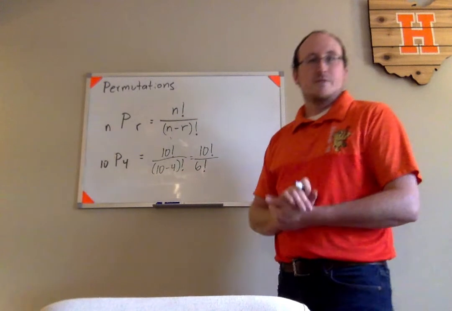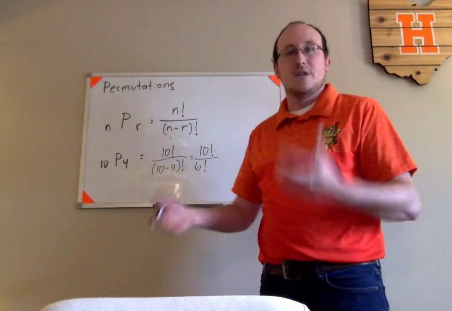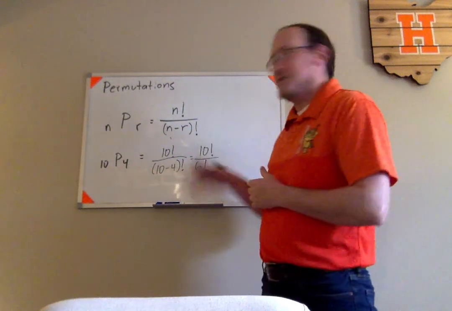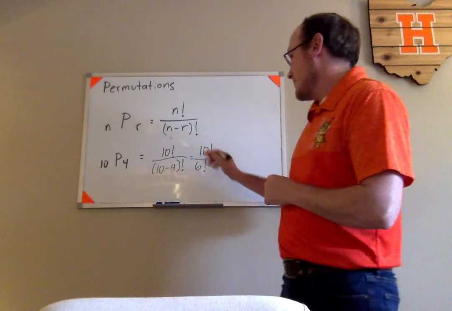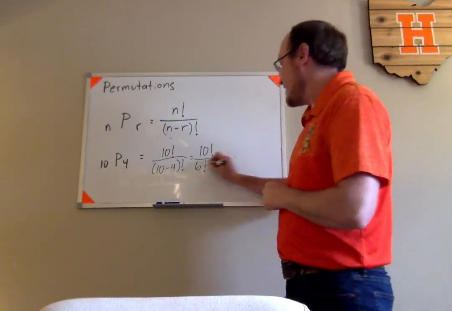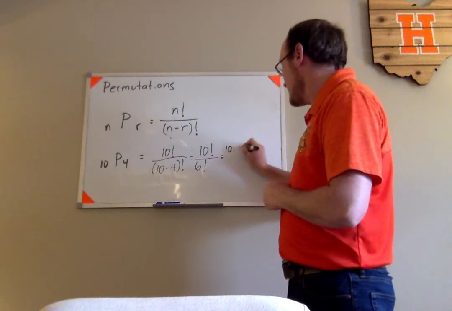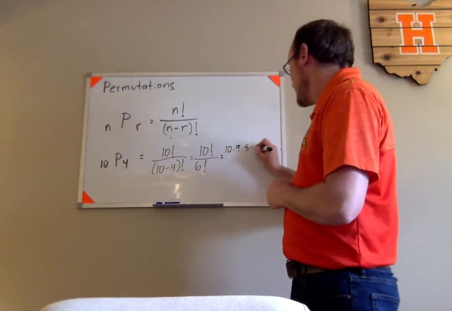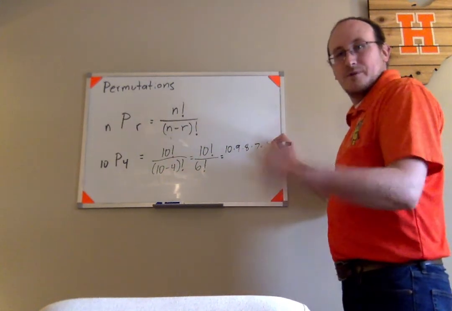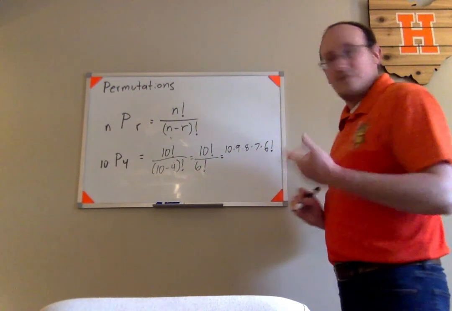Now I'm going to show you a little bit of a trick here for simplifying this because these numbers can quickly get huge and out of hand and potentially even overload the calculator depending on how large these numbers end up being. What I'm going to do is start breaking down the 10 factorial until I hit this factorial on the bottom. So 10 factorial means 10 times 9 times 8 times 7 times, and instead of saying 6 times 5 times 4 times 3 times 2 times 1 the rest of the way down, I'm just going to abbreviate that with this 6 factorial.